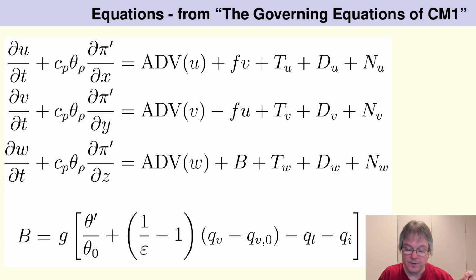The second term, 1/epsilon minus 1 times (QV minus QV naught), that is perturbation water vapor in the atmosphere. Dry air actually is heavier than moist air. This is something that meteorology students have a hard time understanding. Water vapor has a molecular weight of H2O, 18 grams per mole approximately.